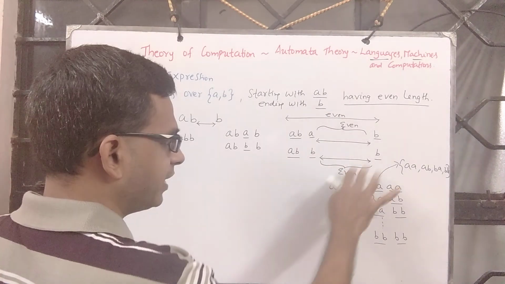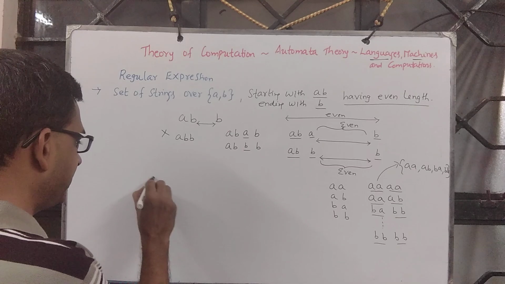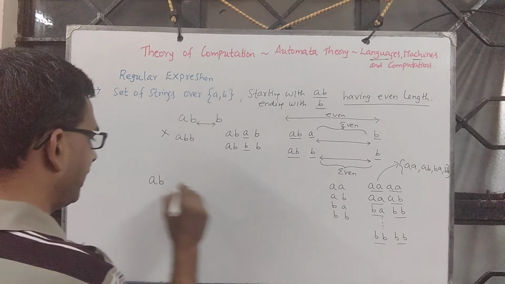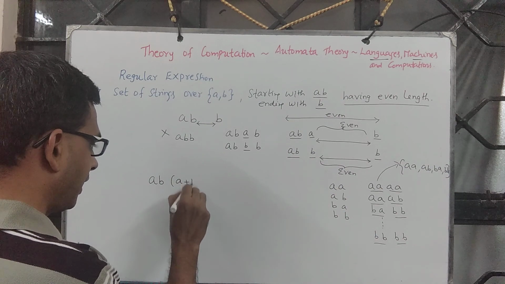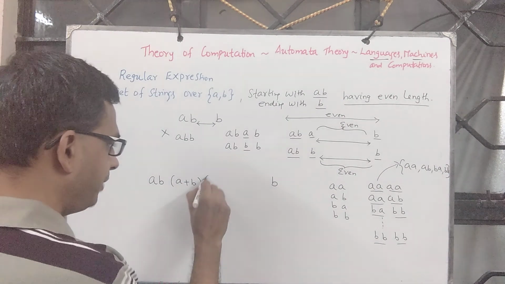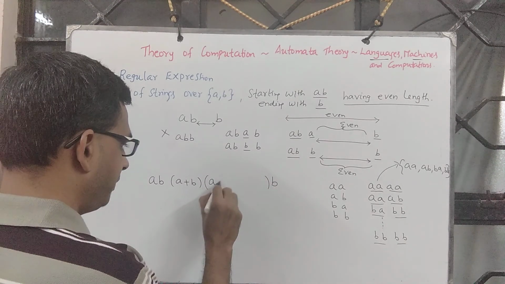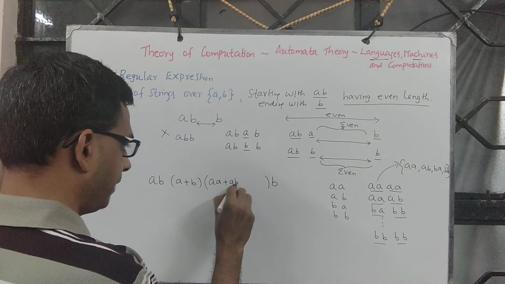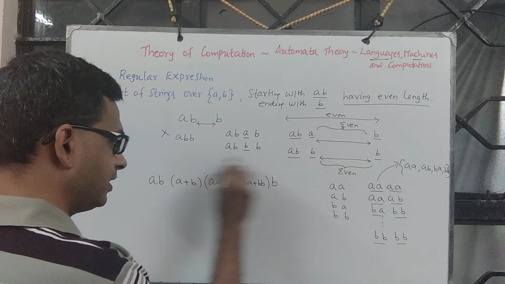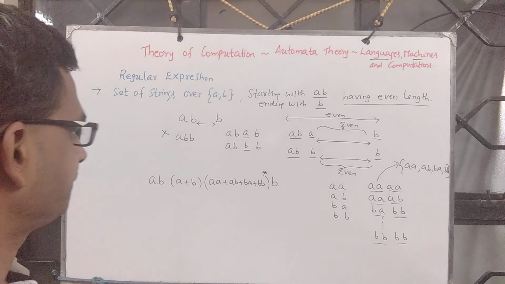And you can have any combination of that and any number of times. So it is AB, the third one is A or B, and it ends with a B. In between, it must be an even length string. It could be AA or AB or BA or BB, and this you can do any number of times. So there is a star for this.